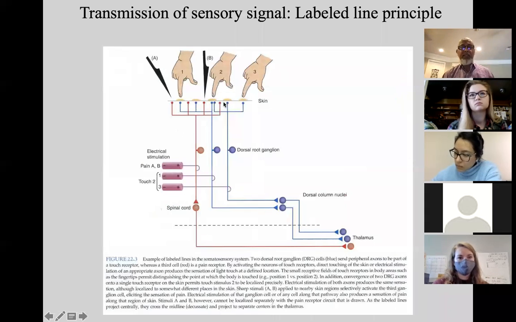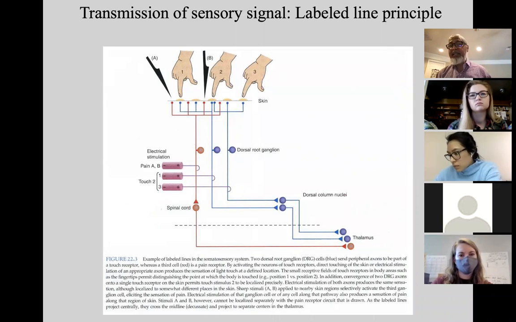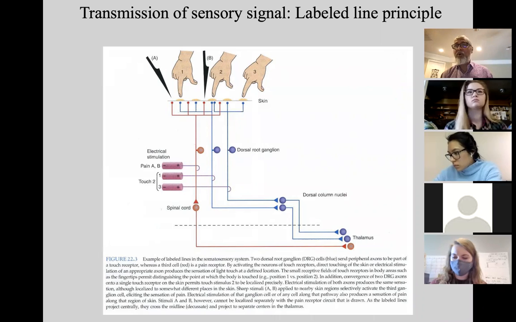Now, as I mentioned before, the receptors respond to a very specific energy. That law is called the law of specific energy. Last time, do you remember I mentioned that it's a pressure receptor, right? So when you push with the glass probe, the pressure receptors were stimulated.